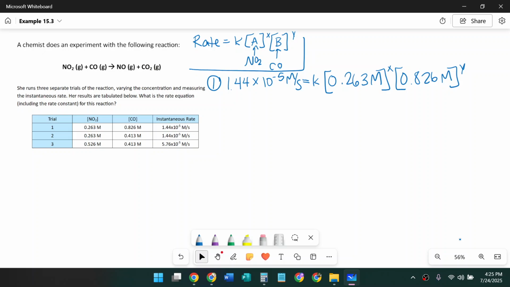All right, so all I've done is I've put in the pieces. The concentration of NO2 raised to the x, the concentration of CO raised to the y, and the instantaneous rate put as the rate. And then, of course, the K is just in there as a letter because we don't know what it is. I'm going to do the same thing with the next 2. I'm just going to quickly write them. You can kind of see where I'm going with this.